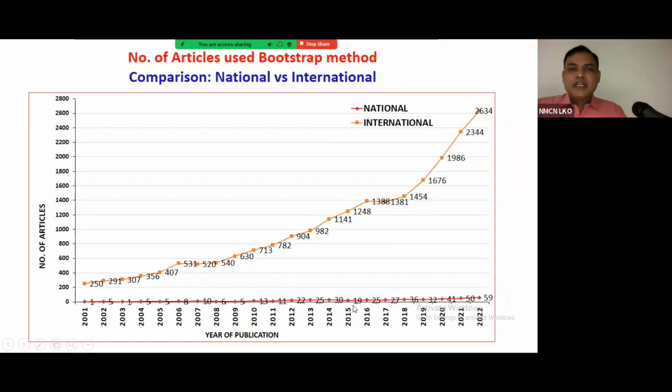Now we compare this at the national versus international level. We found that in international research articles, the trend is increasing in good number, but at the national level, we found that this trend is very low.